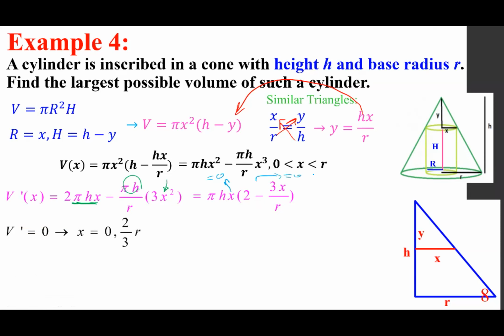The parentheses, that means 2 equals 3x over r. So if I multiply by r, I get 2r equals 3x. And if I divide by 3, I get 2/3 r. Okay, everybody. So that's v prime.